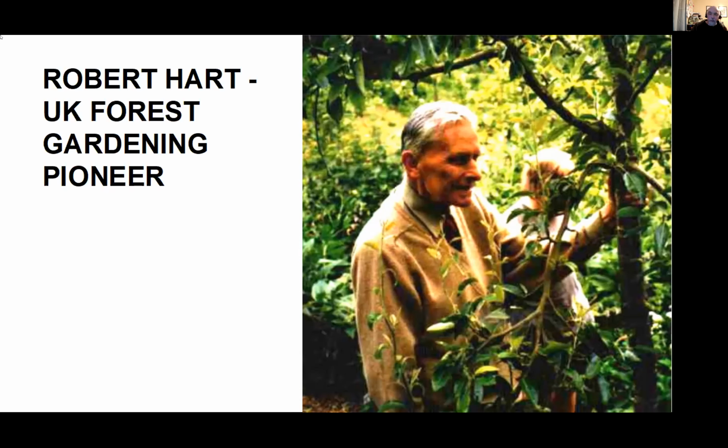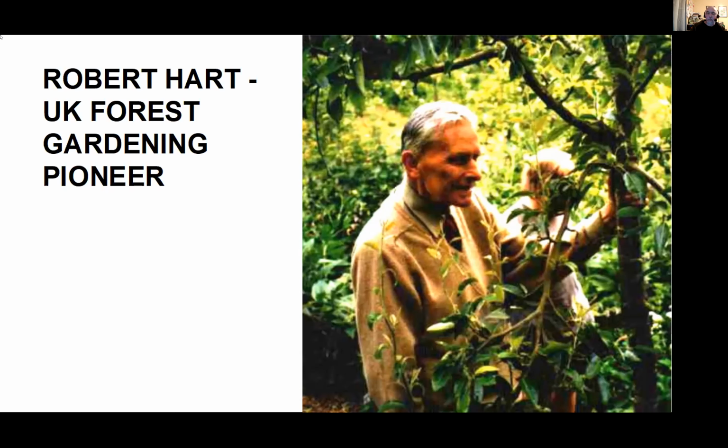He also examined the interactions that take place between plants in natural systems, in particular deciduous woodland in the UK. Earlier in his career he'd been a journalist working for the Reuters news agency, so he travelled around the world quite a lot.